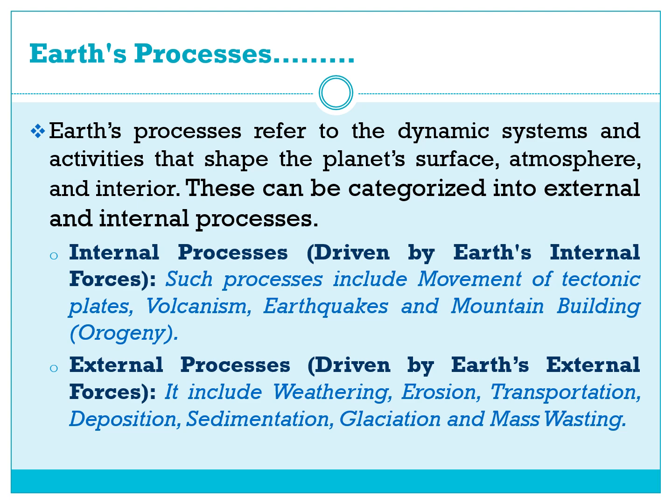Such processes include movement of tectonic plates, volcanism, earthquakes, and mountain building, or orogeny. External processes are driven by Earth's external forces. They include weathering, erosion, transportation, deposition, sedimentation, glaciation, and mass wasting.